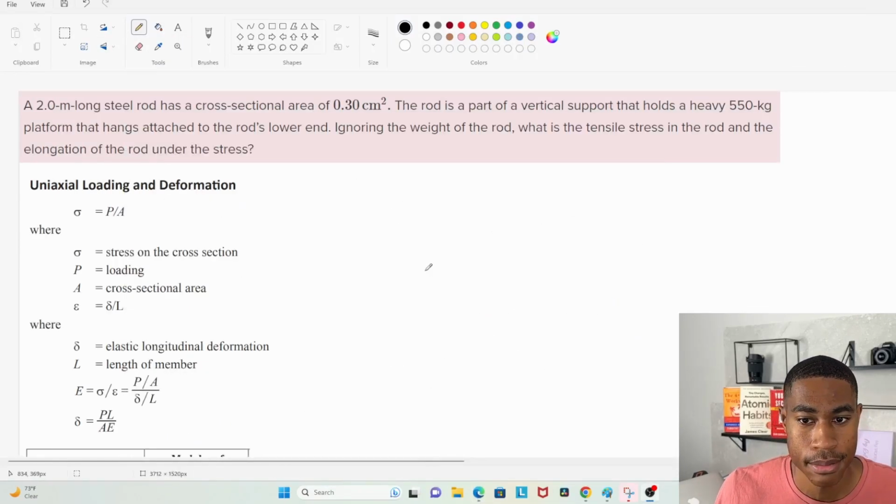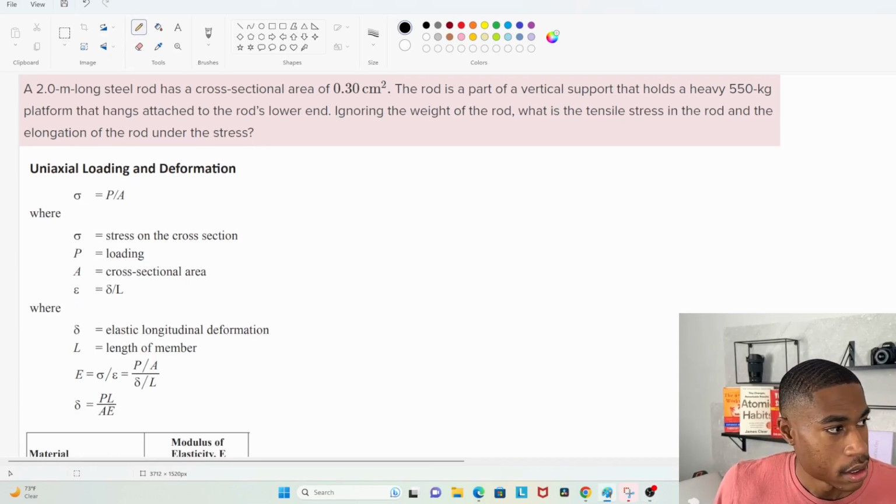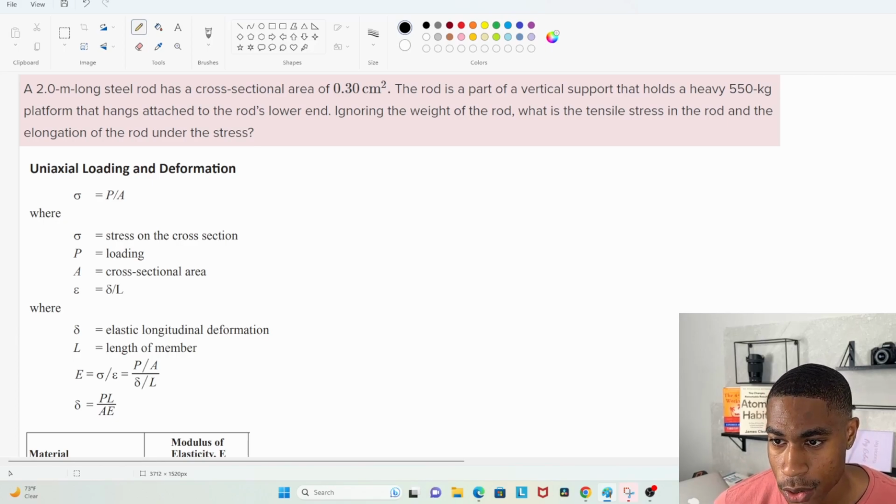All right, so our practice problem today says a 2-meter long steel rod has a cross-sectional area of 0.30 centimeters squared.